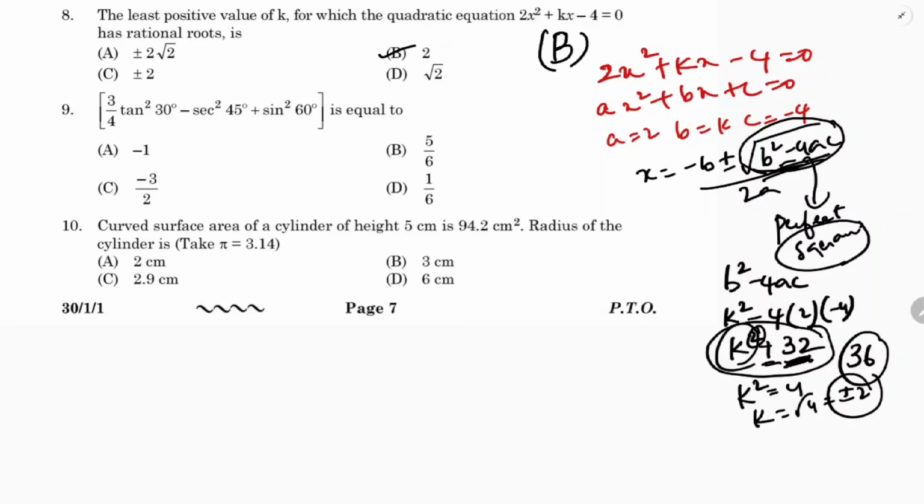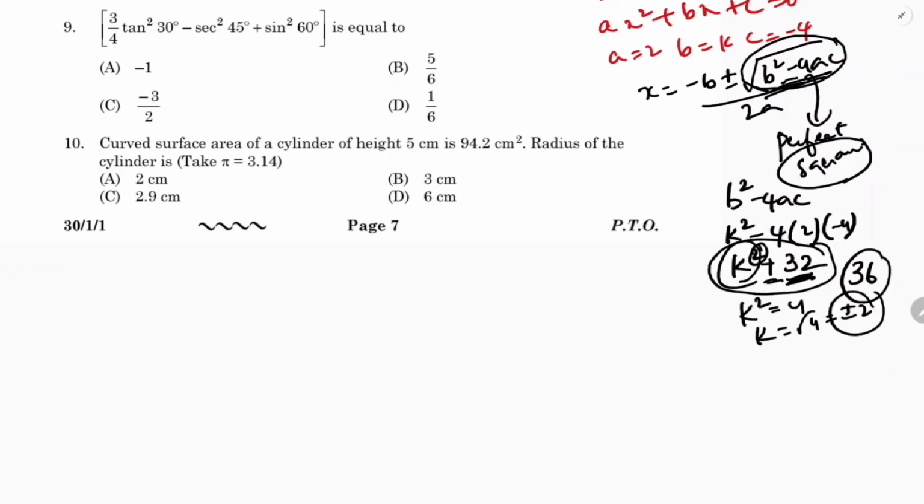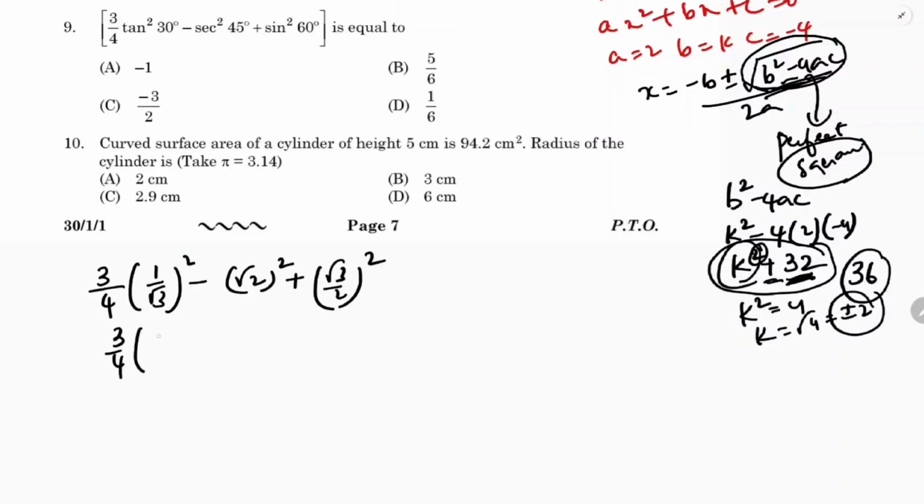Next question. If we substitute the values, we'll get the answer. 3 tan square 30, that is 3 by 4. Tan 30 is 1 by root 3. And sec square 45, sec 45 is root 2 whole square. And sin 60 is root 3 by 2 whole square. So 3 by 4 into 1 by root 3 whole square is 1 by 3.